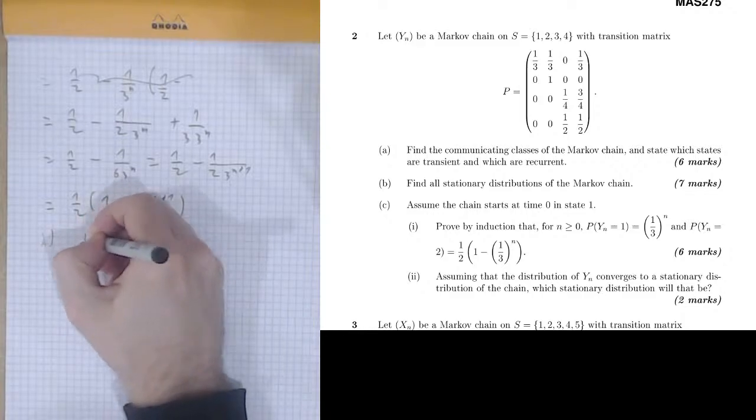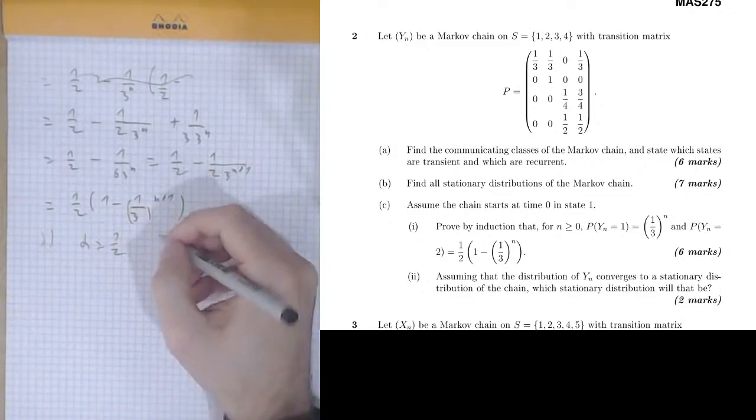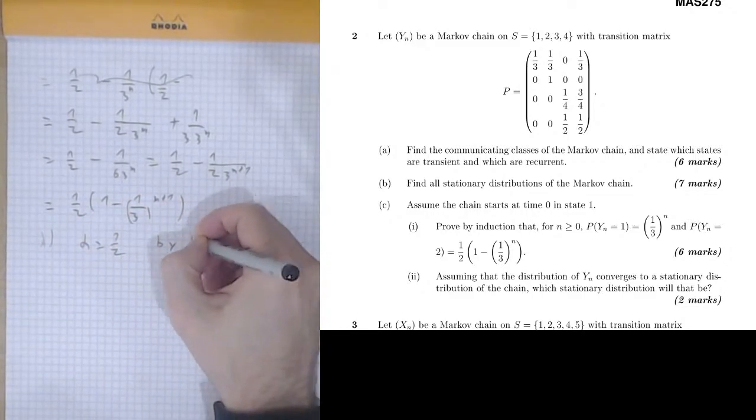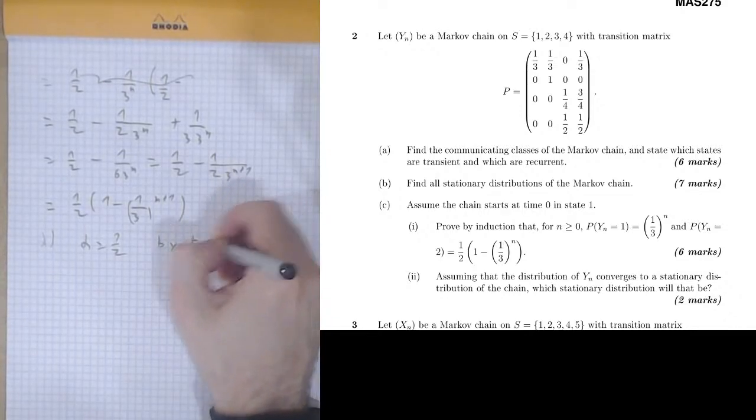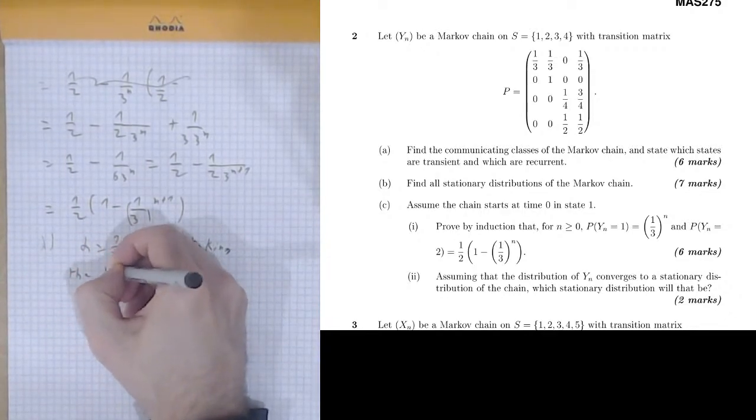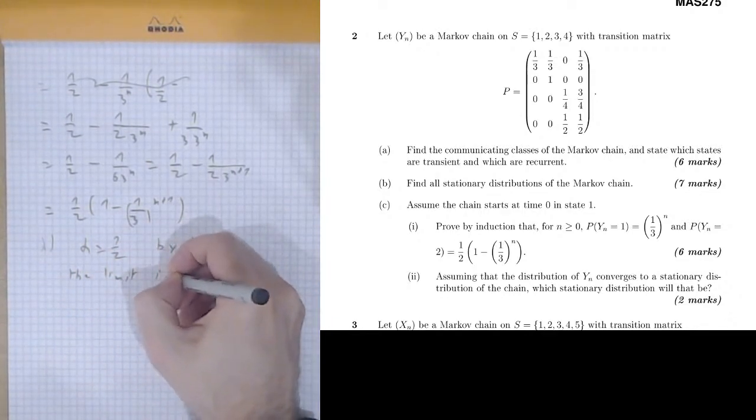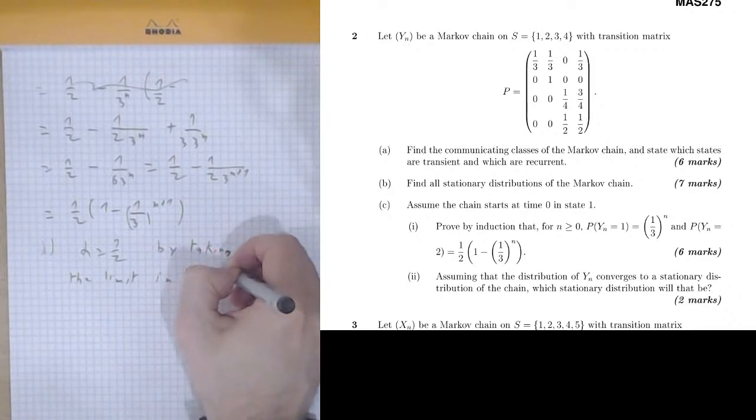D is alpha equals 1/2 by taking the limit in p of yn equals 2.